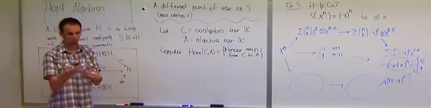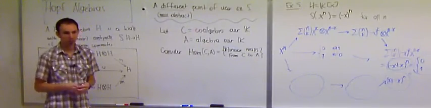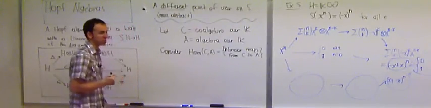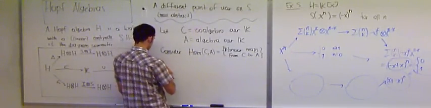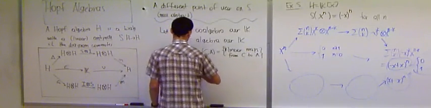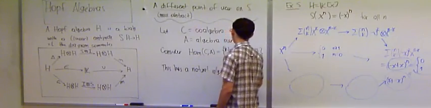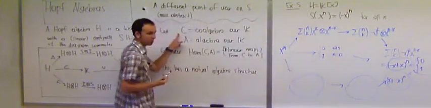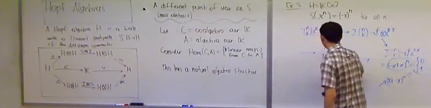Because if you take two linear maps, you can add them, and you can multiply a linear map by a scalar and get a linear map. So this is a vector space, but I'm going to show you that it's not only a vector space. I'm going to show that it has an algebra structure on it, a natural algebra structure coming from the fact that C is a coalgebra and A is an algebra. And I'm going to show you what that is.